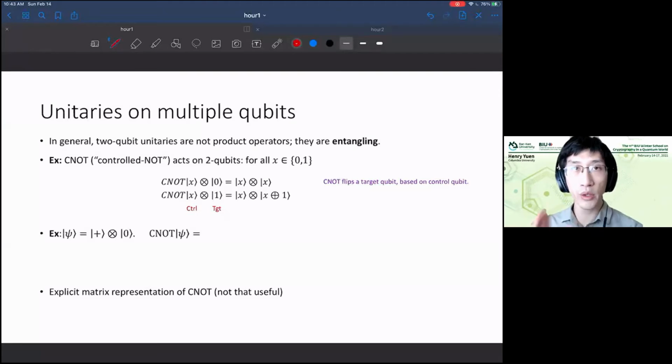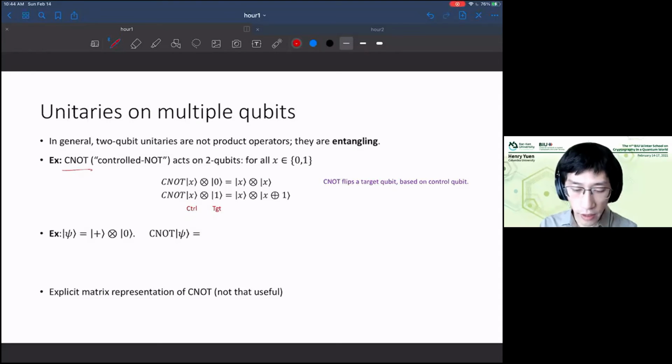So the most important 2-qubit unitary that you'll have to think about is something called the C-NOT gate, controlled NOT. It acts on 2 qubits, and it has the following definition. We're going to define it on how it behaves on the standard basis vectors, and this tells you how the unitary acts on all vectors by linearity.